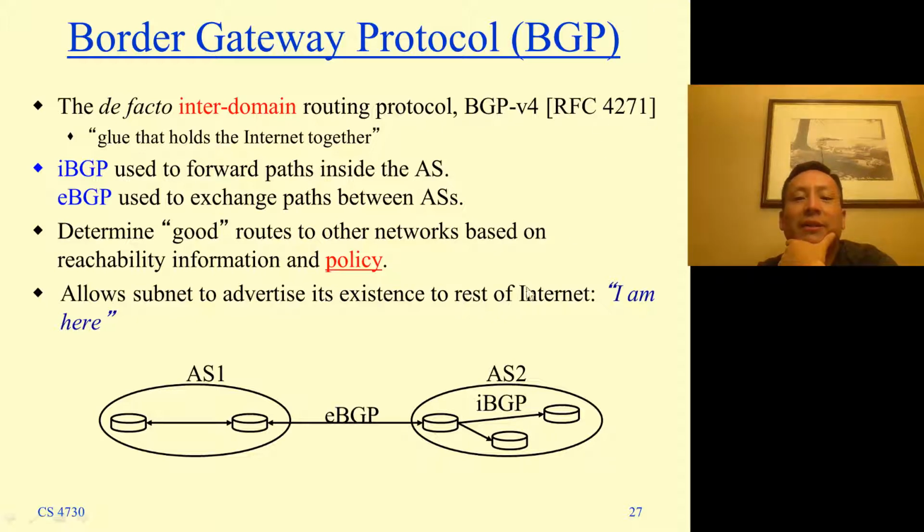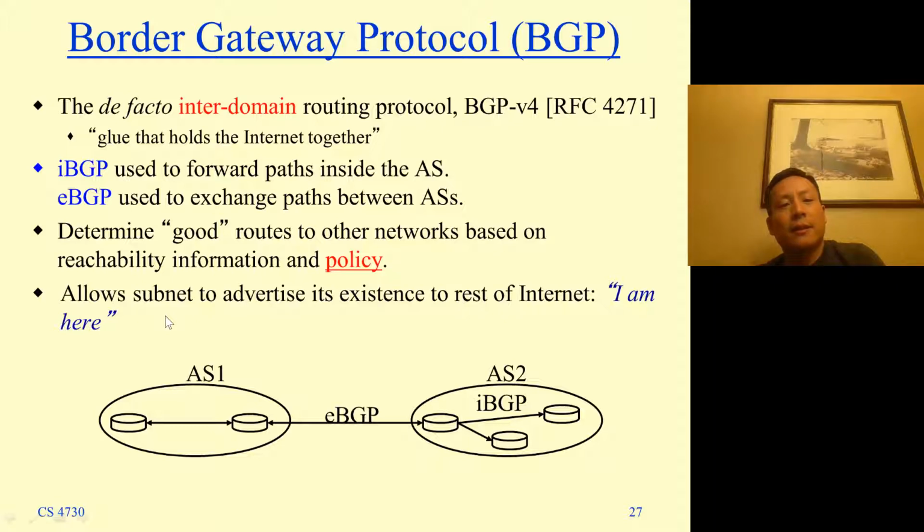So what BGP does, as I said, is exchange the reachability information for all these prefixes or destination addresses, right? And following some policy, so economic policy or political policy. Basically, what it advertises and tells the rest of the internet is, I'm here. Right?